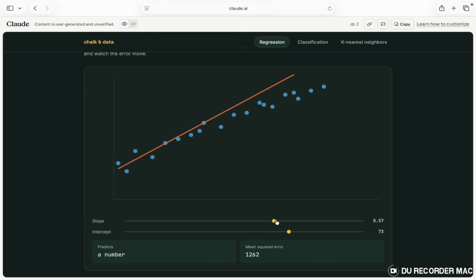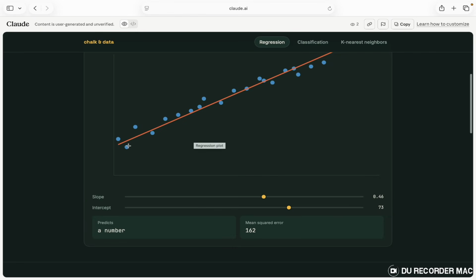If I adjust the slope, oh, this one is pretty good, this follows the trend. So the computer keeps looking for the line with the smallest error. Like you can see, if we align with this, the mean squared error has decreased.